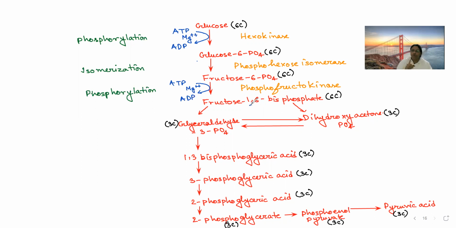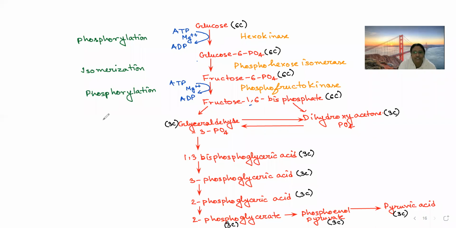So now fructose was having one phosphate group attached to the 6th carbon. Now it is having two phosphate groups, one attached to the 6th carbon and the other attached to the 1st carbon.